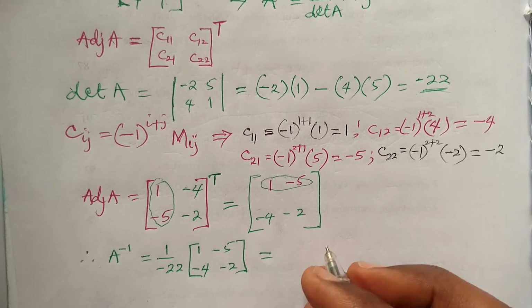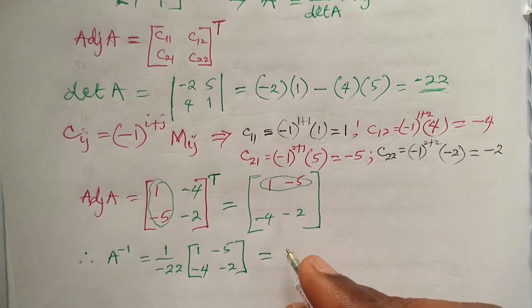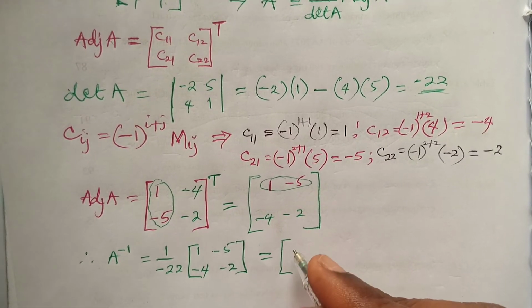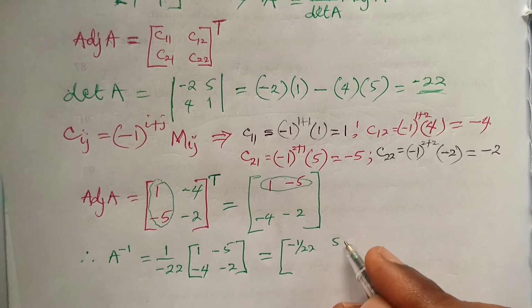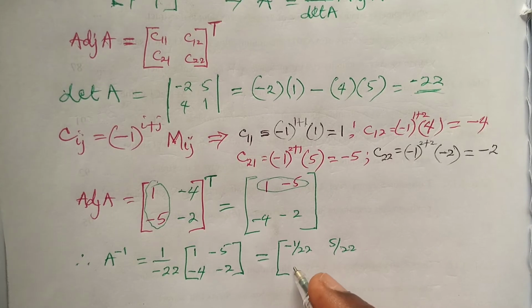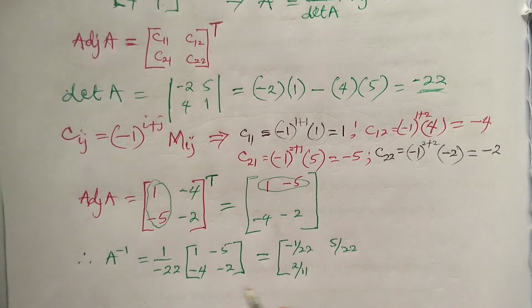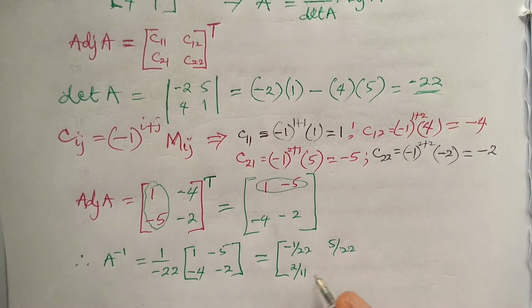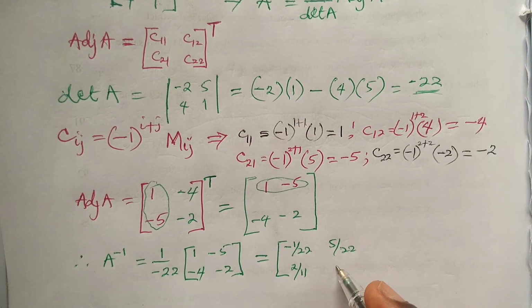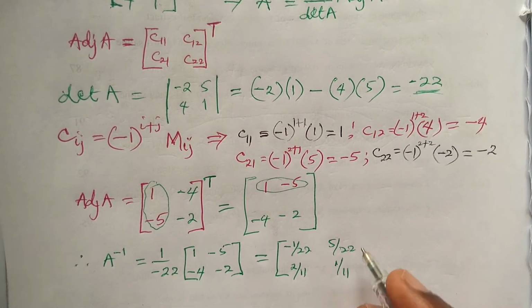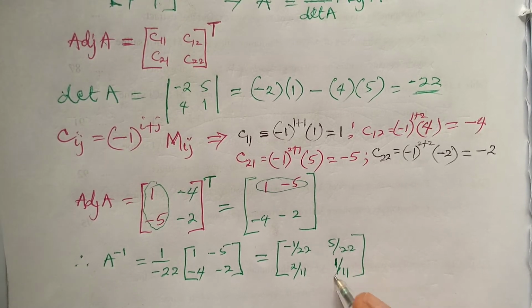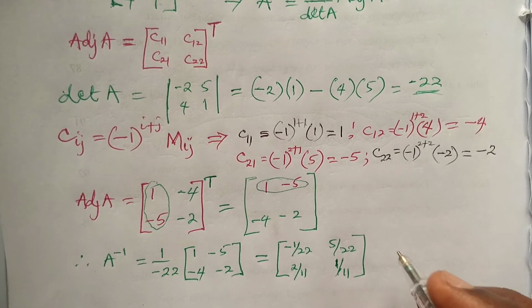And that is equal to minus 1 over 22, 5 over 22, 2 over 11, and 1 over 11, because 4 divided by 22 gives us 2 over 11, and 2 over 22 gives 1 over 11. So that is the answer.